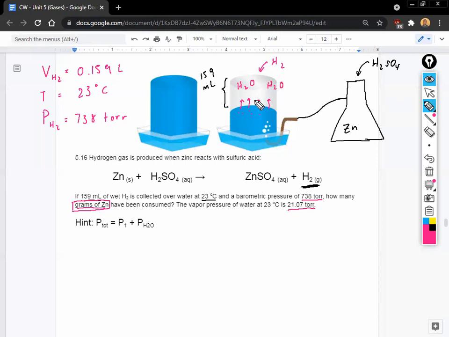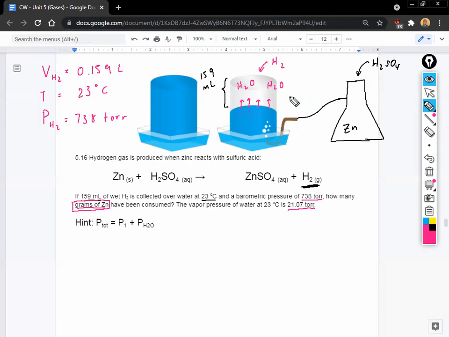Now, we learned last time about partial pressures, right? So on top of the graduated cylinder, remember how when we trapped the gas, it wasn't just H2 gas, like I said right there. There's also another gas in there. The other gas is some of that H2O. Some of the water molecules on the top level of the water are vaporizing into H2O gas.